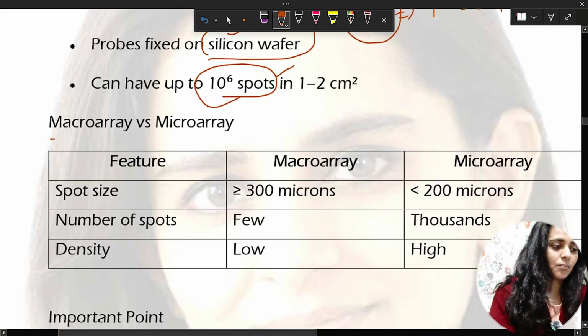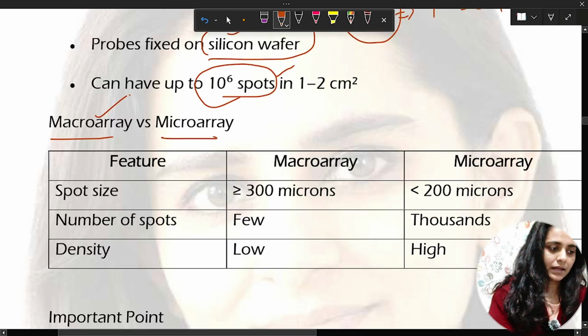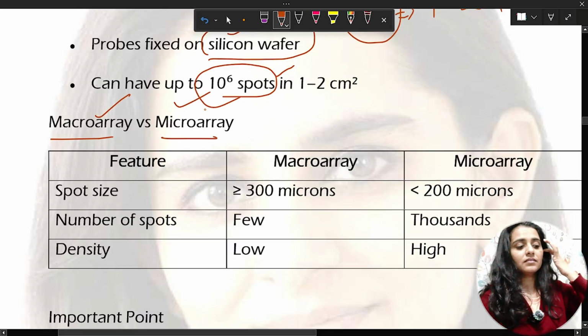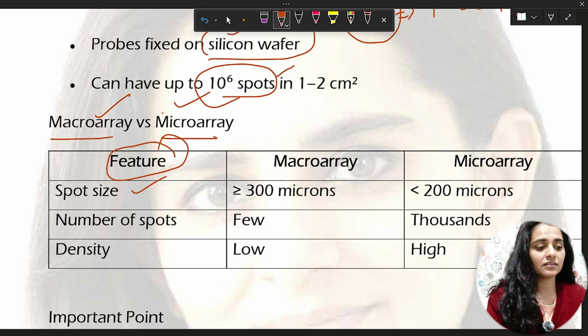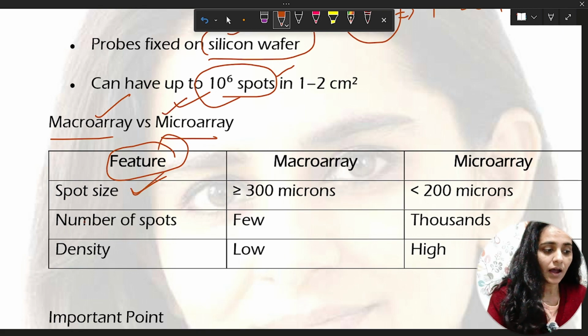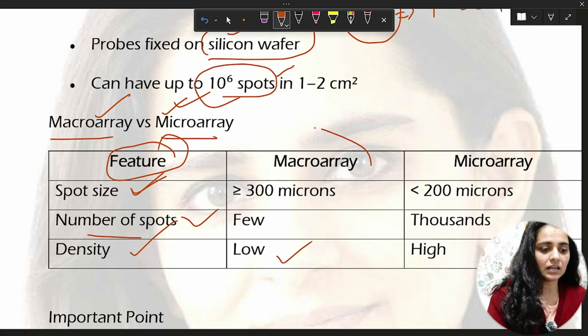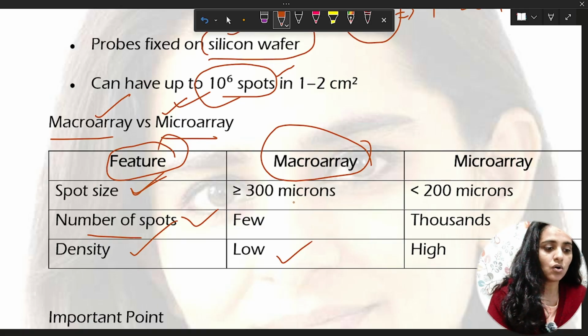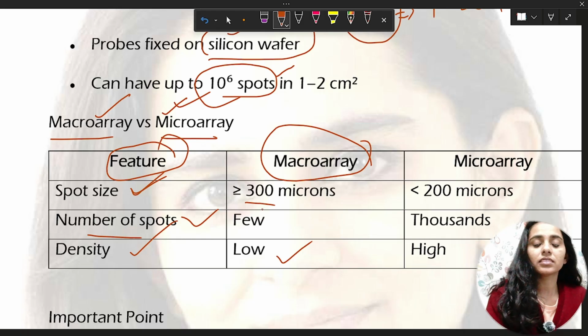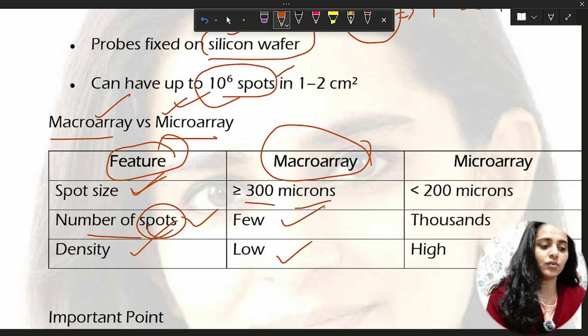What then are microarray and macroarray? What is the difference between these? It depends on the features, what are the features on the basis of which they are named? Spot size, number of spots, and density. If there is low density, it will be considered a macroarray. We use a macroarray when spots are more than 300 micron in size and few in number.